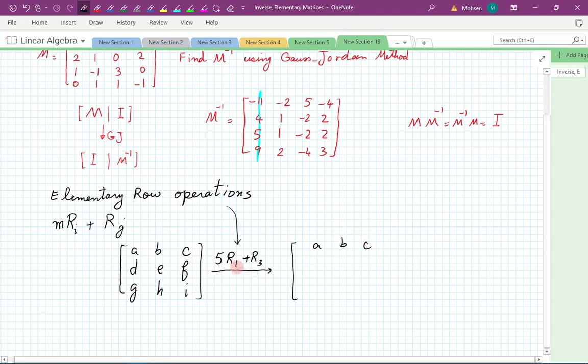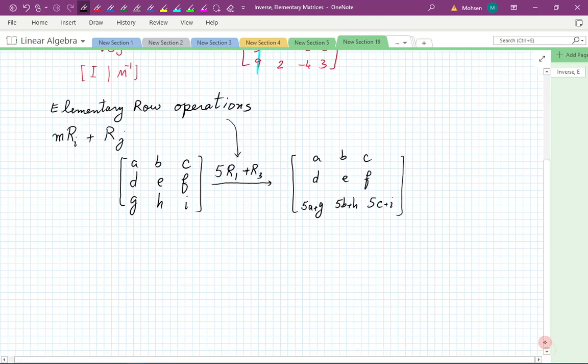We say multiply by 5, but we're doing that in our head. We are not actually changing it. The operation is to take 5 times this, add to the other one. So 5A plus G, and then 5B plus H, and then 5C plus I. So this is the operation we carried out.